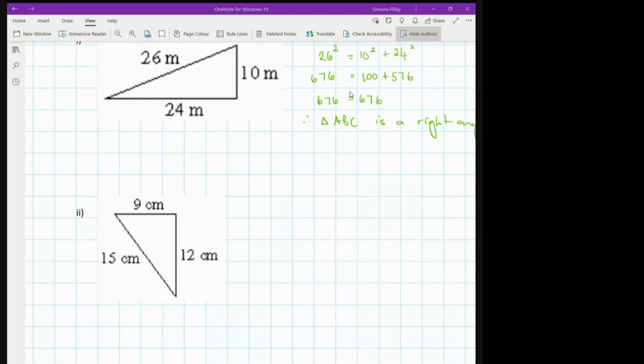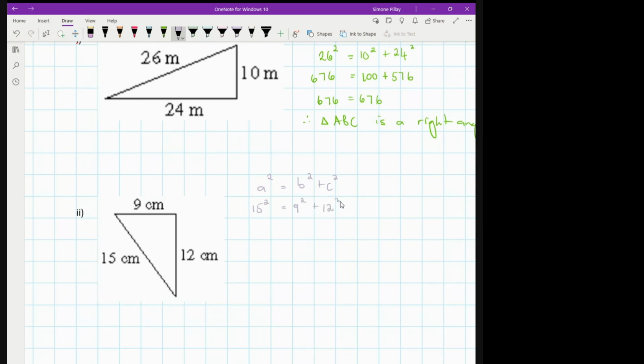Yes. So, ma'am, we're going to say A squared is equal to B squared plus C squared, where C squared is 15 squared. When we substitute this, 15 squared is equal to 9 squared plus 12 squared.